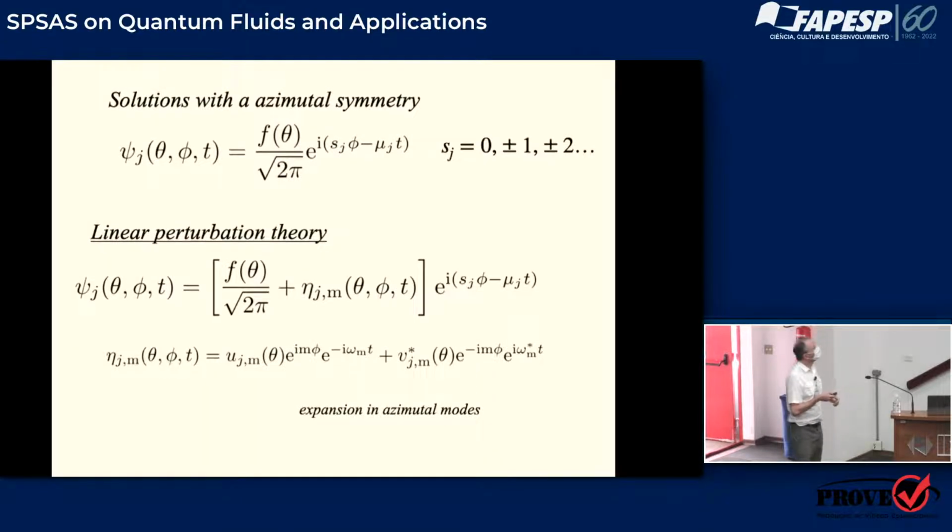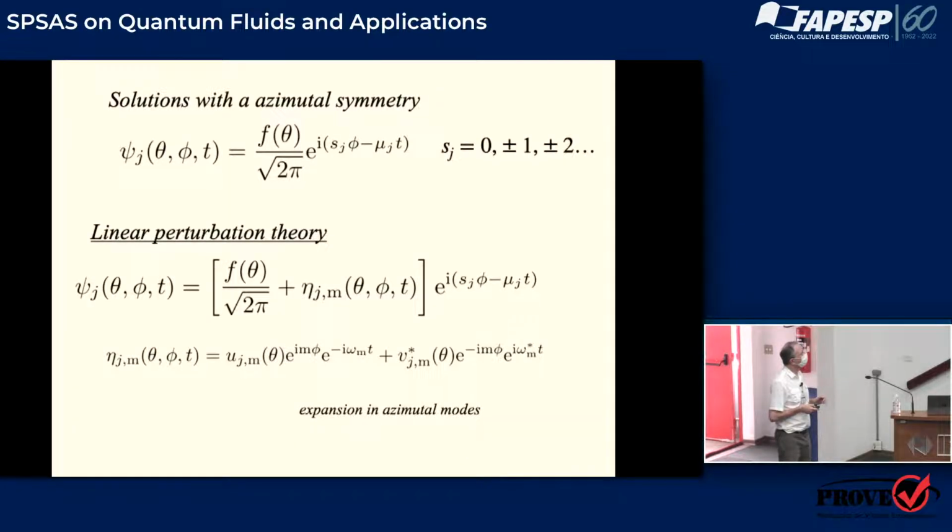And here you can consider quantum numbers s equals 0, minus 1 and plus 1. For s equals 0, you are considering a homogeneous mixture: one species homogeneously distributed, the other species homogeneously distributed. And for s equal to minus or plus 1, one species has a vortex at the North Pole and an anti-vortex at the South Pole. It's like the Padavic paper. And these are the solutions you have.